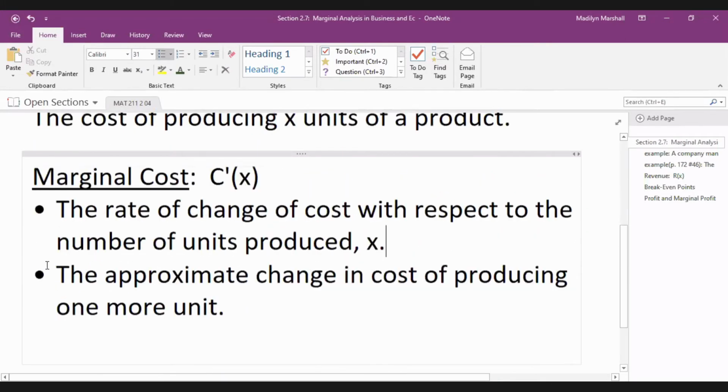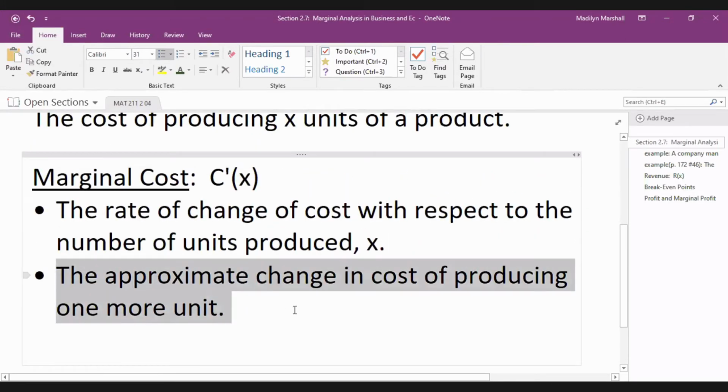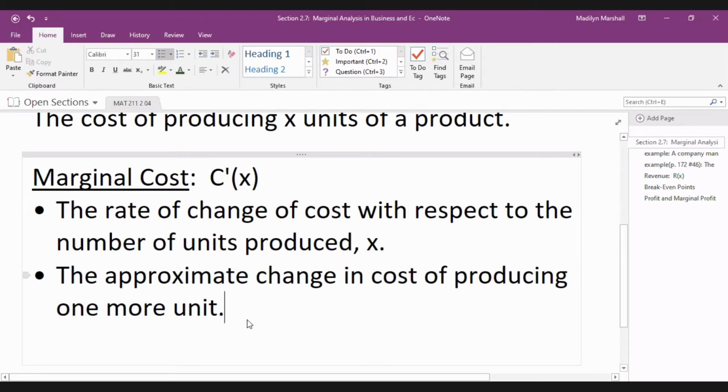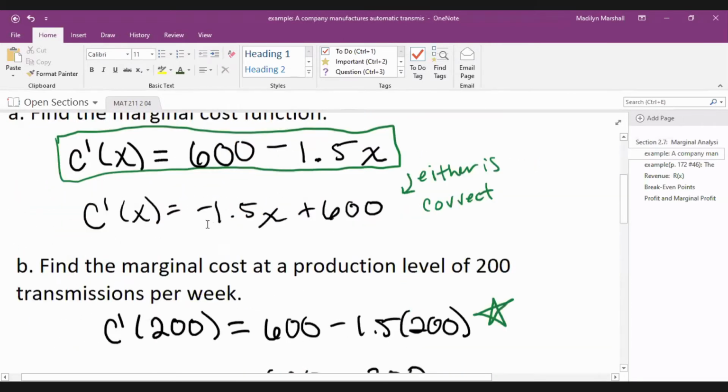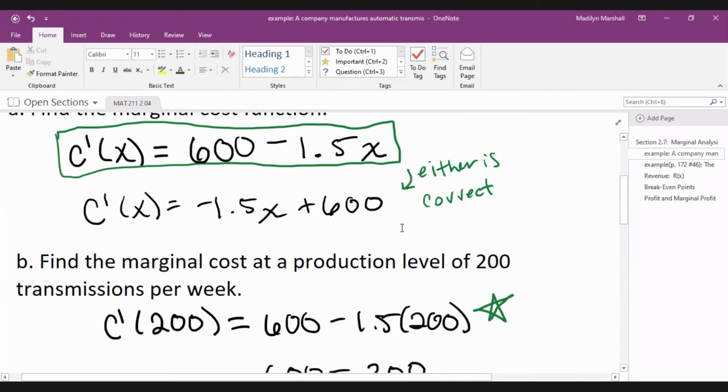I said the marginal cost is the approximate change in cost of producing one more unit. So it's really that rate of change right around 200. Whereas if we start making more and more, the marginal cost is going to keep changing. So the marginal cost is a function just like cost is. So marginal cost is changing depending on the number of units as well.